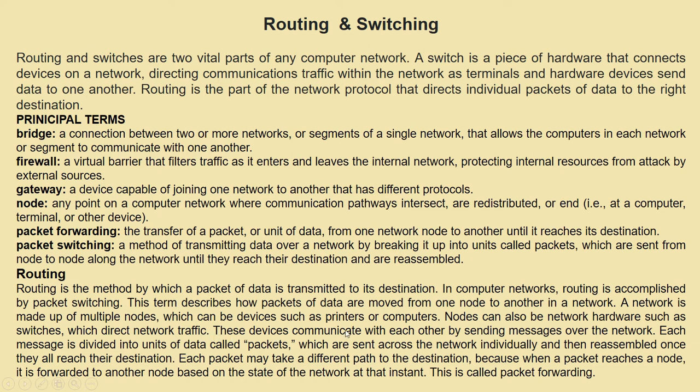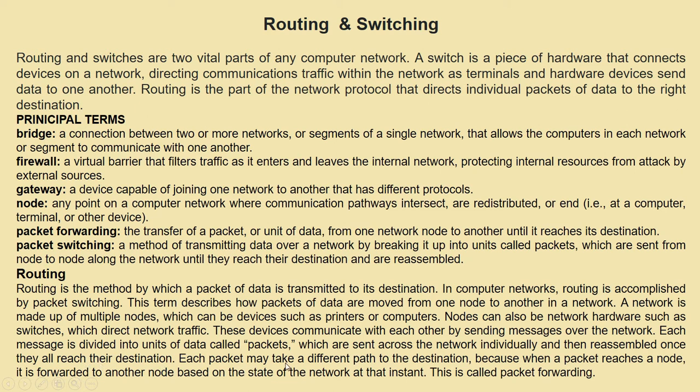These devices communicate with each other by sending messages over the network, and each message is divided into units of data called packets, which are sent across the network individually and then reassembled once they all reach their destination.